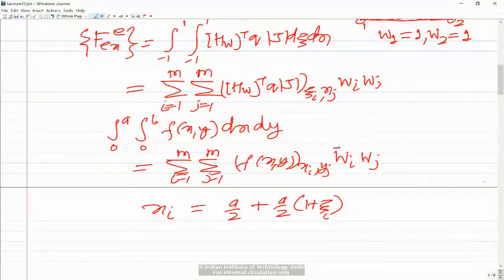Let me put this w_i w_j as bar so that these are different from the w_i and w_j we have discussed earlier. So x will be written as a by 2 plus a by 2 into 1 plus xi_i. So the lower limit is when xi is -1.